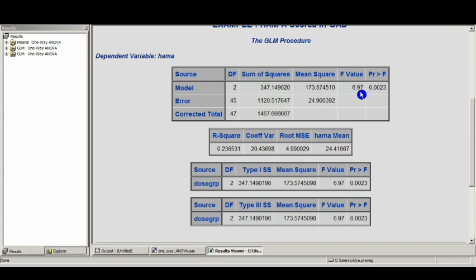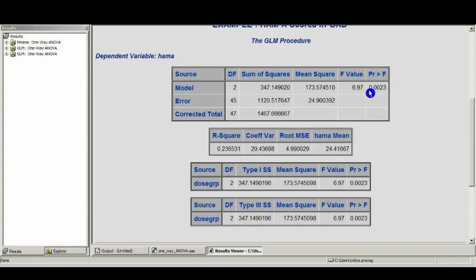So you can decide your conclusion on the basis of this test statistic, whether it is greater than the critical value or less than the critical value of the F distribution. Here SAS is giving you the p value, the probability of being greater than your observed value.